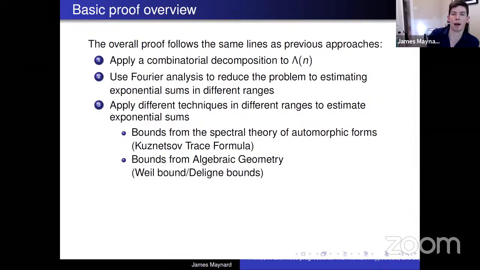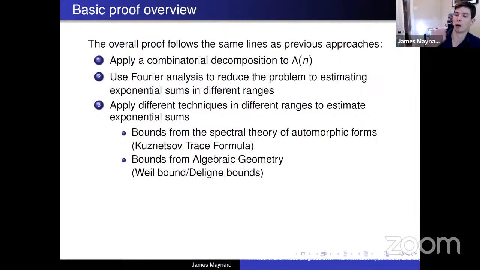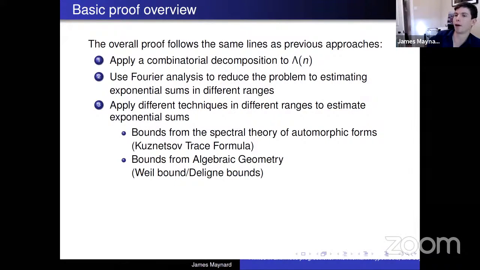And the other big hammer we can apply is that you can get some very good estimates for exponential sums using ideas coming from algebraic geometry and relating these exponential sums to versions of the Riemann hypothesis, but now for curves over finite fields.